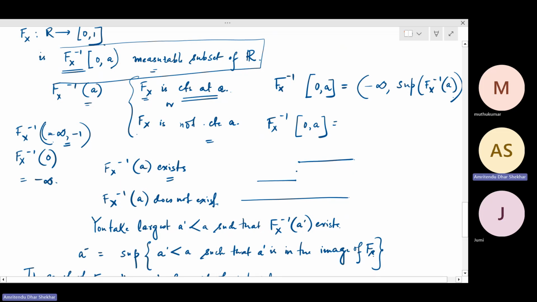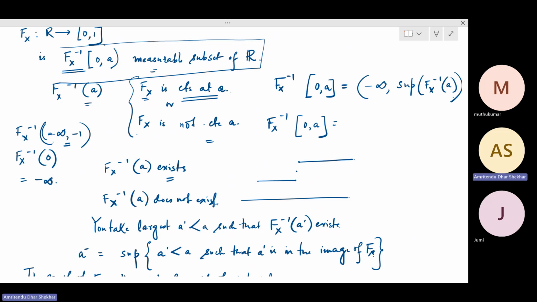Now when we consider the Borel measure, minus infinity and plus infinity are not considered to be a part of it, right? So of course F_X inverse of 0 may not be defined because you have minus infinity.